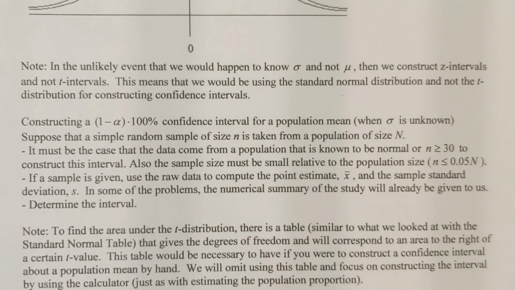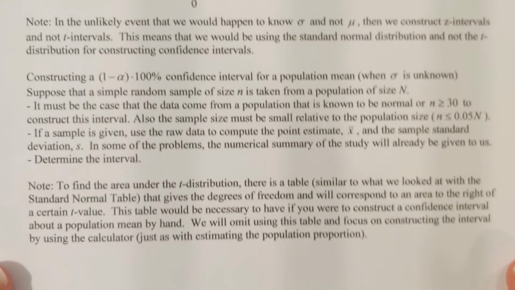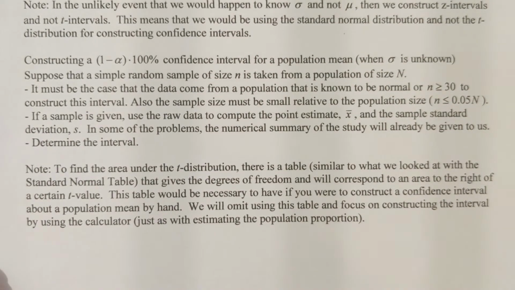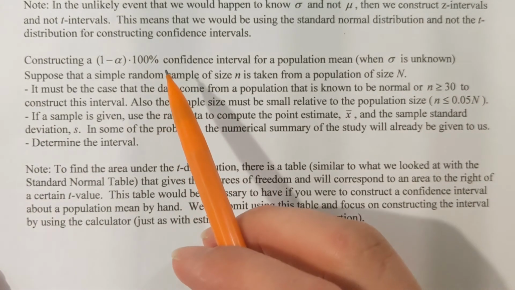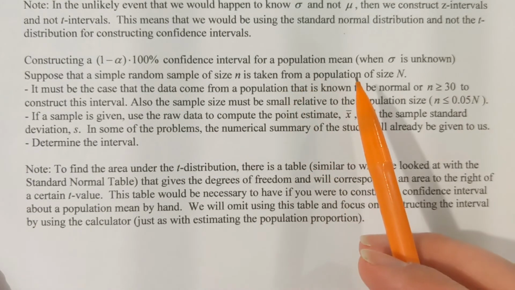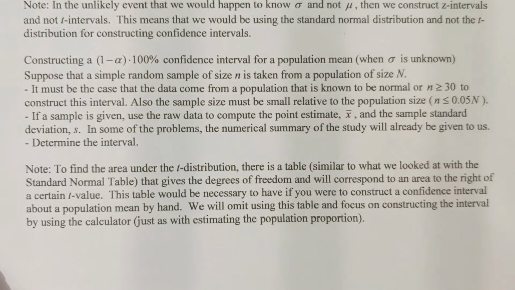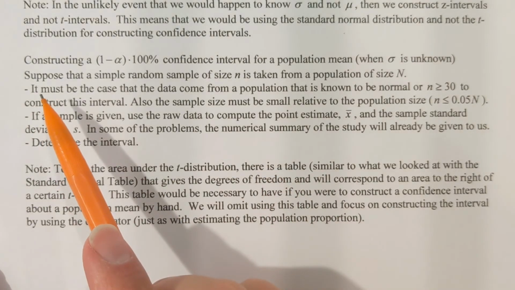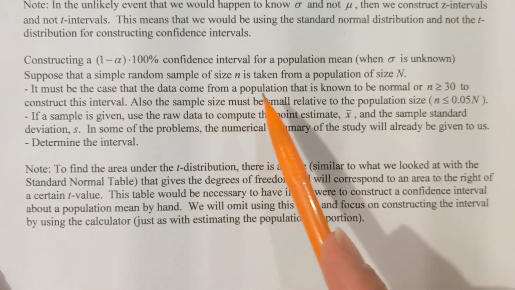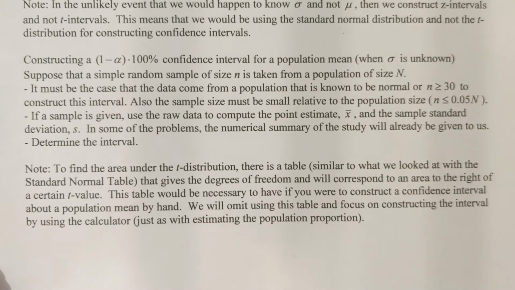Now, I've got the steps for constructing a 1 minus alpha times 100% confidence interval about the population mean, where sigma is unknown. Okay, suppose that a simple random sample of size n is taken from a population of size capital N. It must be the case that the data comes from a population that is known to be normal, or the sample has to be at least 30 to construct the interval.